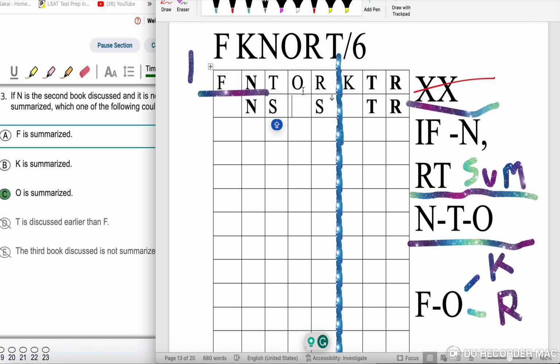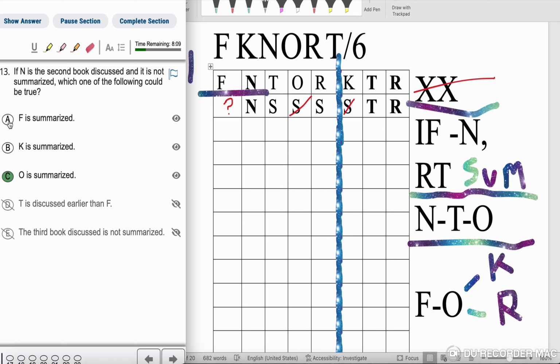So O is not going to be allowed to be summarized, and K is also not going to be allowed to be summarized, because if those two were summarized, it would put them consecutively next to T and R. That means only F is going to be allowed to be summarized.